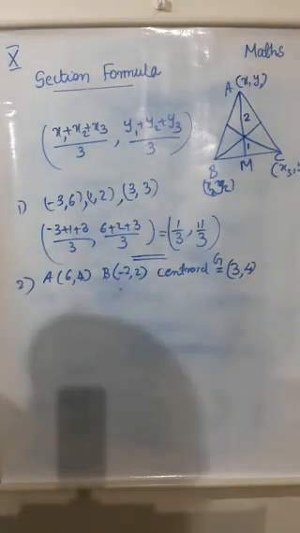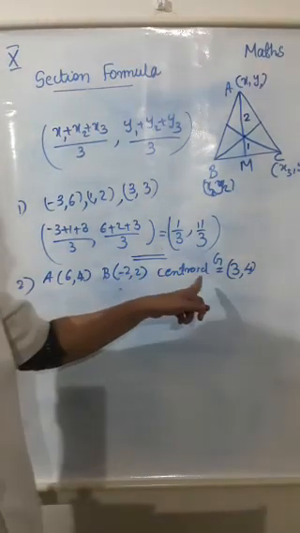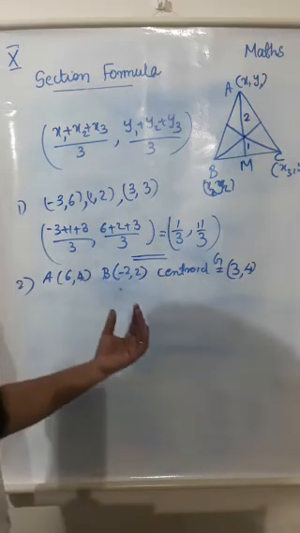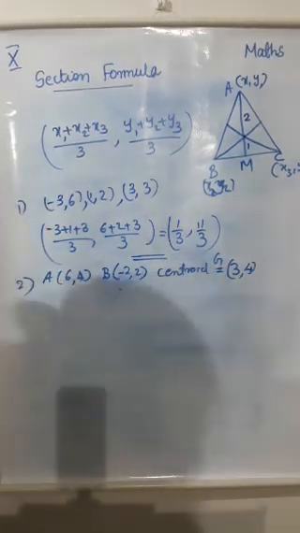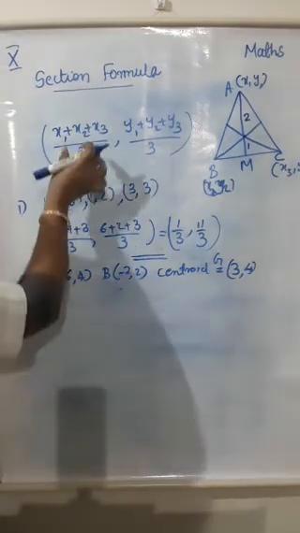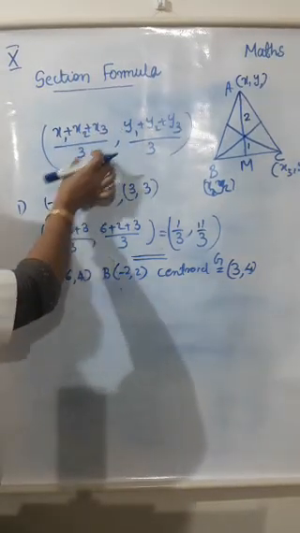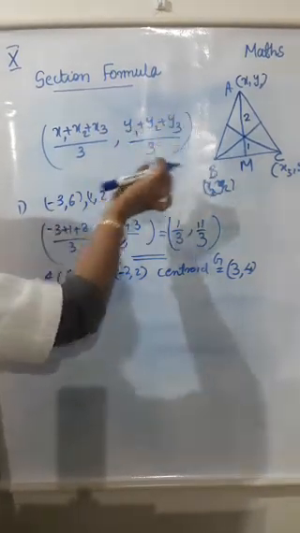Given in the question the centroid and two vertices of the triangle, we need to find the third vertex. You know that centroid is equal to x1 plus x2 plus x3 by 3, y1 plus y2 plus y3 by 3.